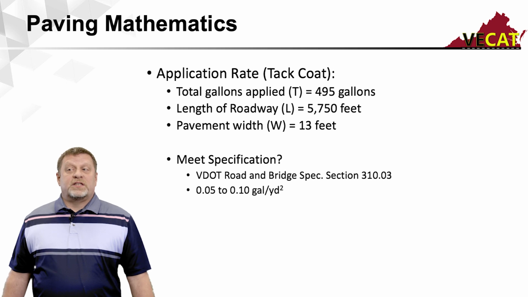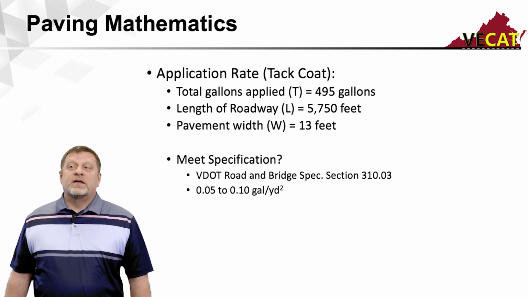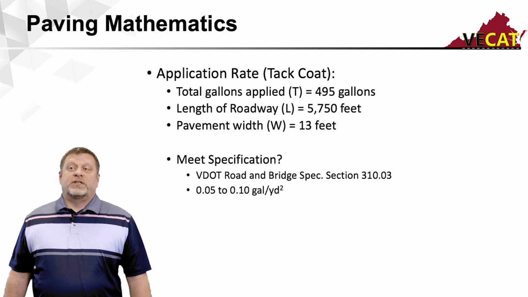Once we've done this calculation, we want to make sure that our tack yield, our tack applied rate is correct and that it meets specification. I do want to reference here that the VDOT Road and Bridge Specification, section 310.03, tells us that an approved application rate for tack coat is between 0.05 and 0.10 gallons per square yard.